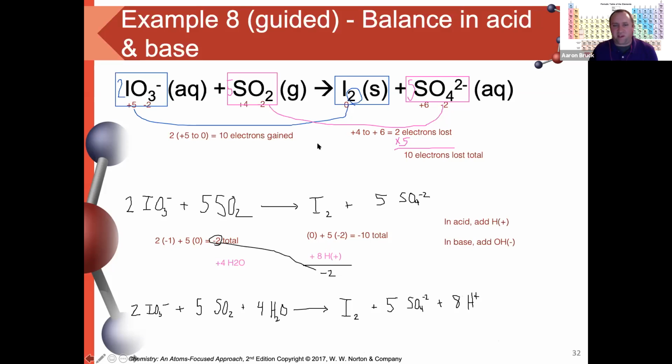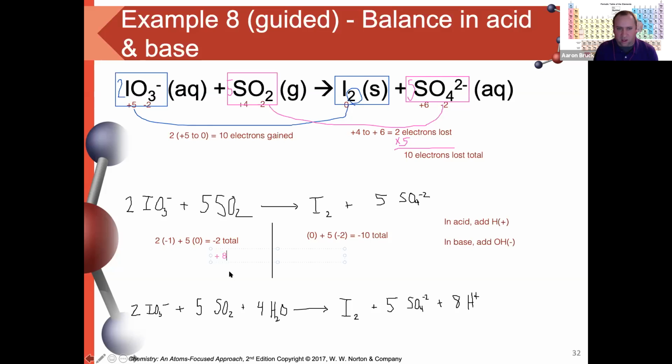If this was in base instead, all that really changes is this last step, where we would be adding hydroxides instead of hydrogen ions. So we would add the hydroxides to the less negative side.